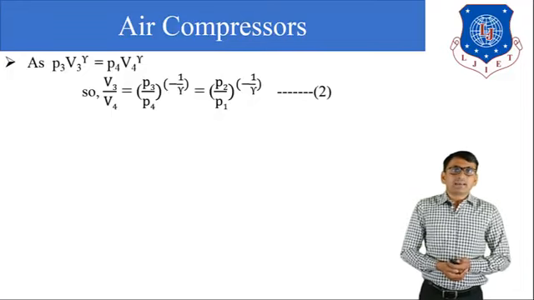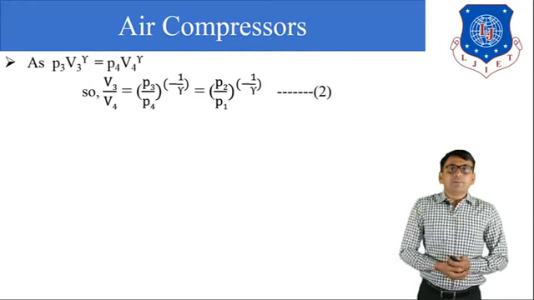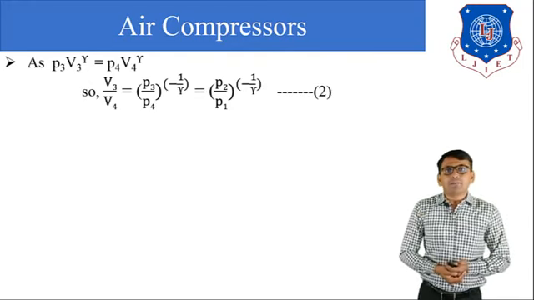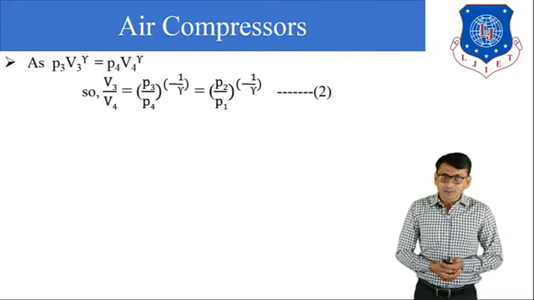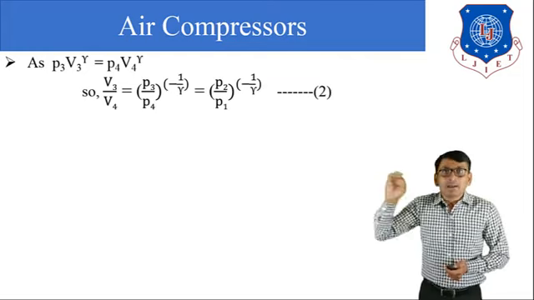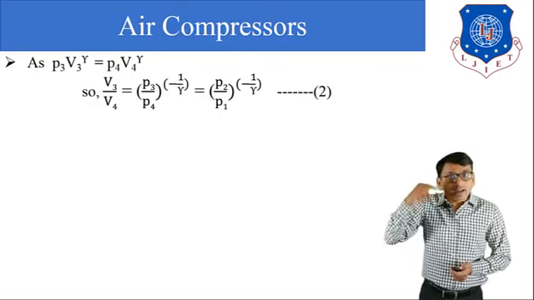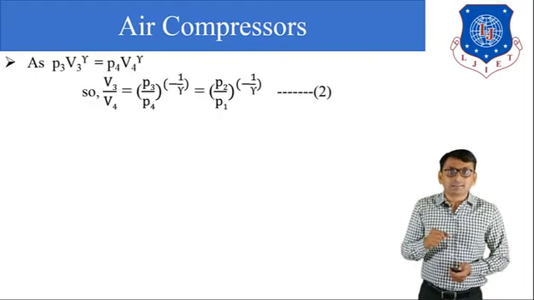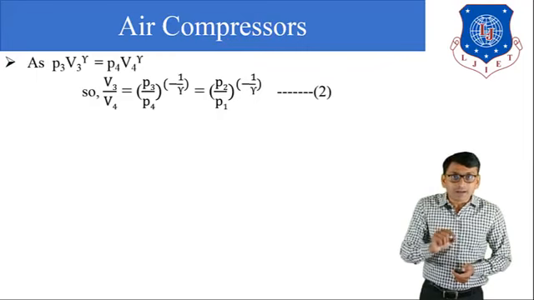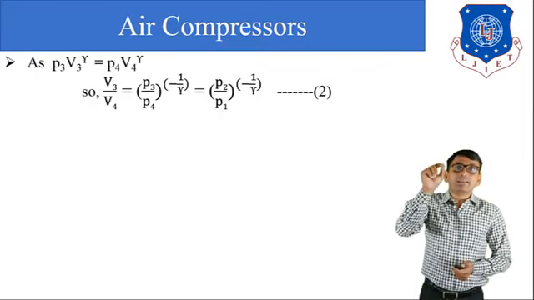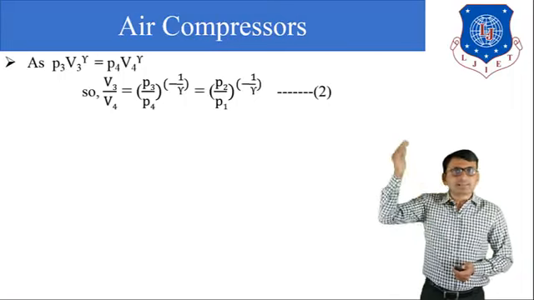So we get V3 by V4 is equal to (P3 by P4) raised to 1 by gamma, which is equal to (P2 by P1) raised to 1 by gamma, for V3 by V4. And V2 by V1 was already discussed in the previous derivation.